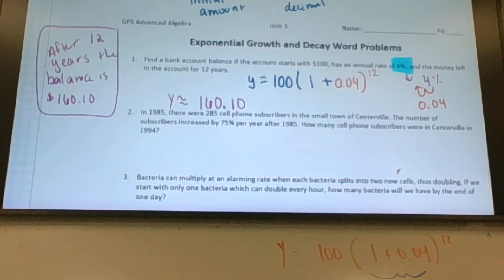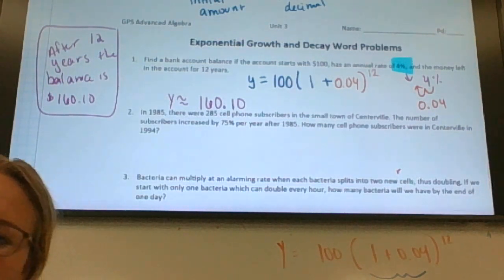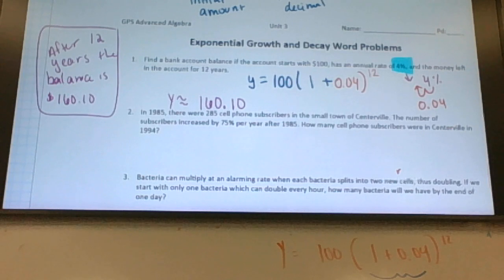What is the subject in number 2, Elijah? What's number 2 all about? The growth of cell phones is pretty substantial.